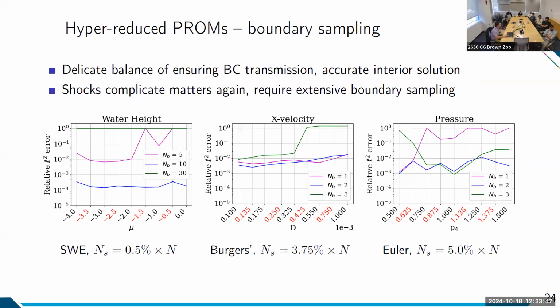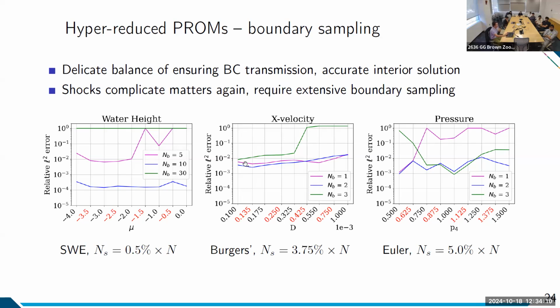But again, this becomes a balancing act of how much you sample the boundary and how much you sample the interior. Moving from purple, sampling every fifth cell, to blue to green, you find a sweet spot of sampling the boundary enough, but not oversampling it such that you destabilize your solution.